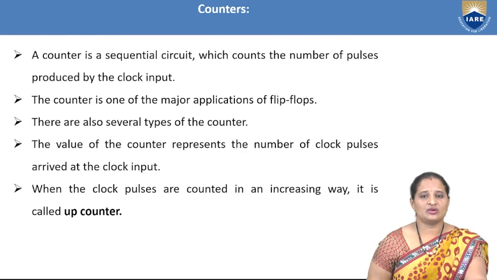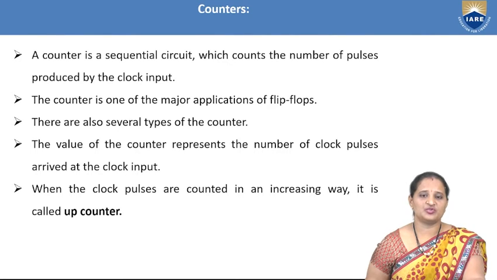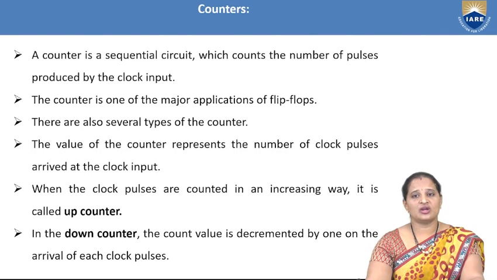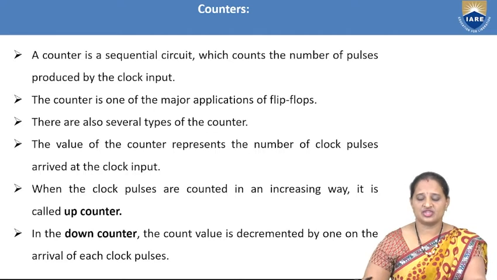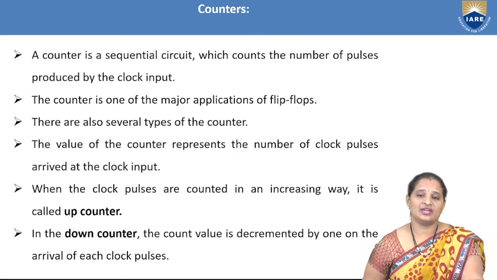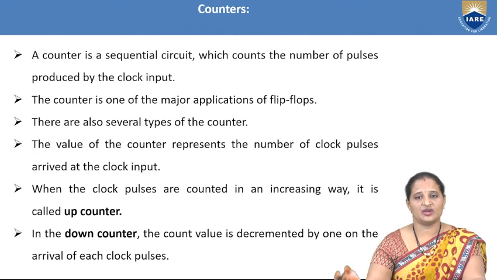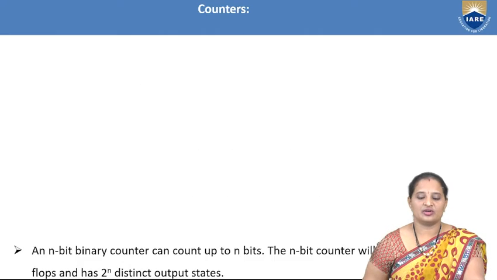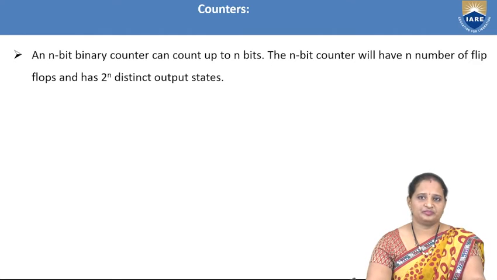When the clock pulses are counted in an incremental order, it is said to be an up counter. When the counter counts the pulses in decremental order, such a counter is called a down counter. That means for every applied clock pulse, if the count is decremented, the counter is called a down counter.